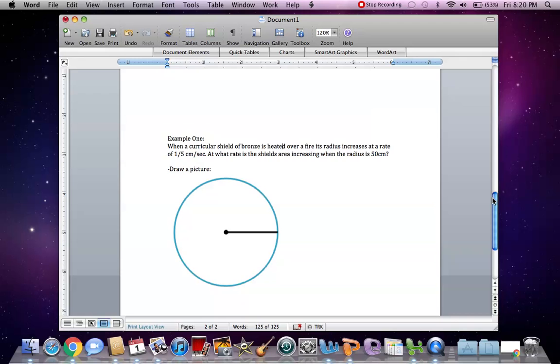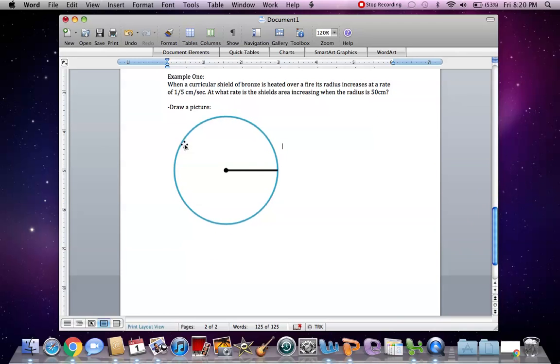First, we need to draw a picture. I inserted this clip from Google. It's just a circle with a radius bar, and we know that our radius is 50 centimeters. But first, we need to identify what quantity we are looking for in our problem.